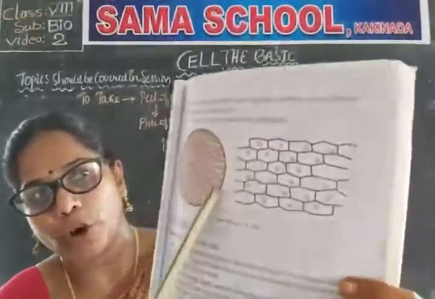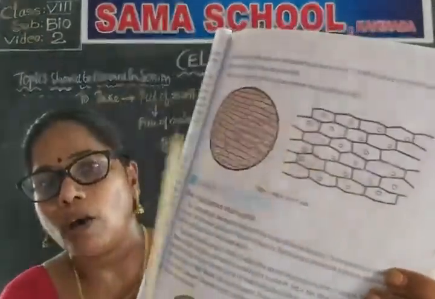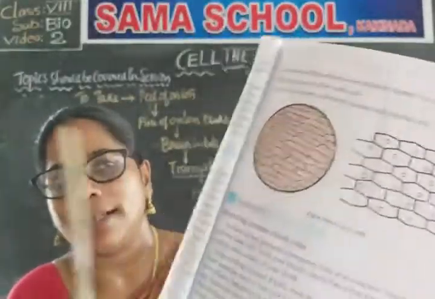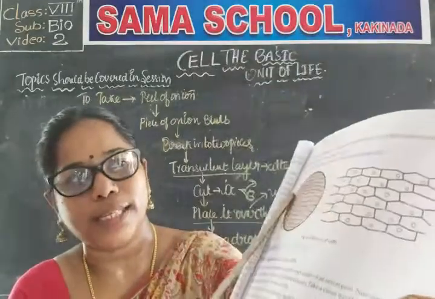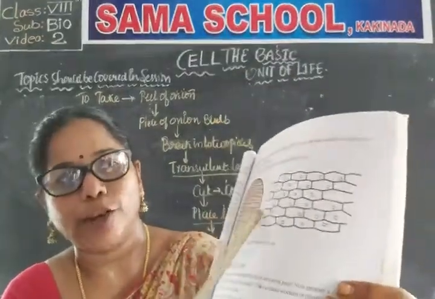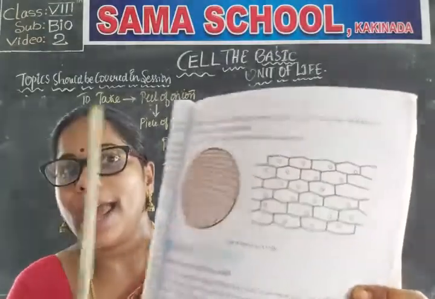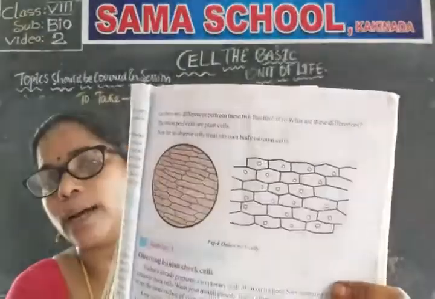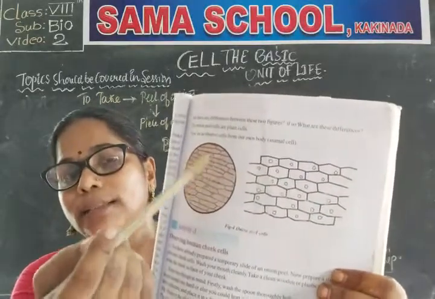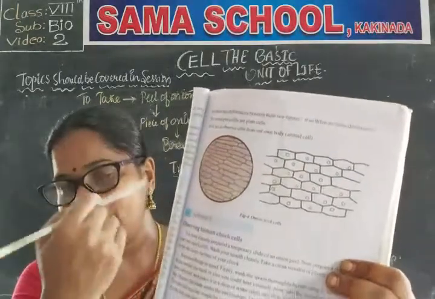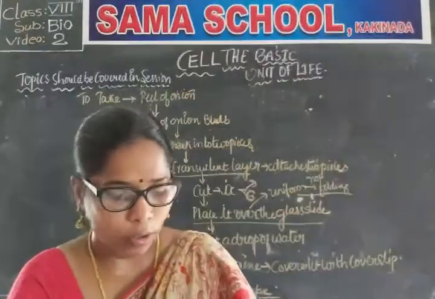These are the onion cells on a slide. When you observe under the microscope, you can see these type of cells. Here you can see they are arranged in rows, and you can see middle dots are there, and clearly you can observe an outer layer visible. This is called the cell wall, which I am going to draw on the board.